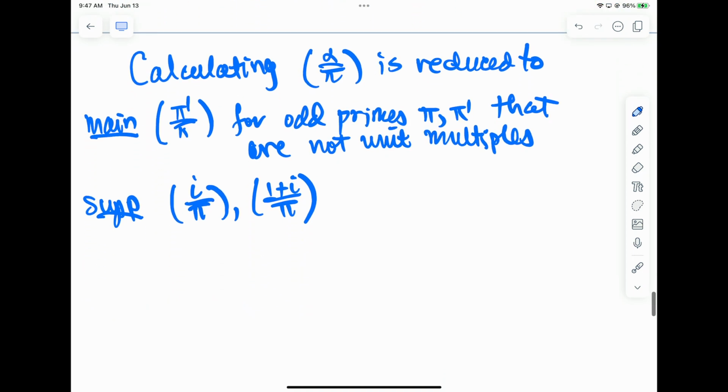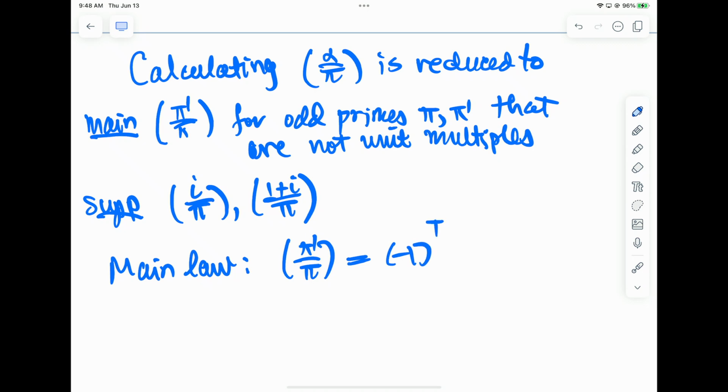I'm not going to give the details here, but you could say the main law says pi prime on pi is some power, depending on the exponents, of pi on pi prime. So you can flip them up to a minus sign, where this exponent here.